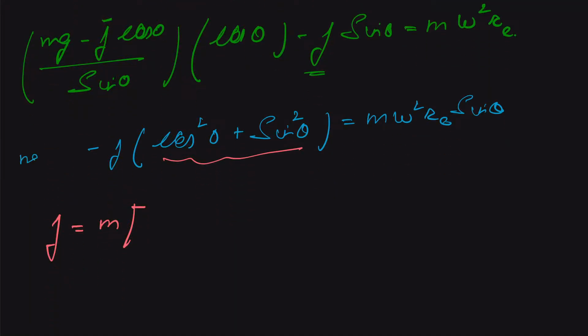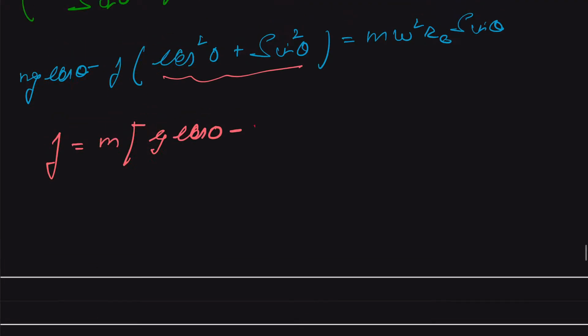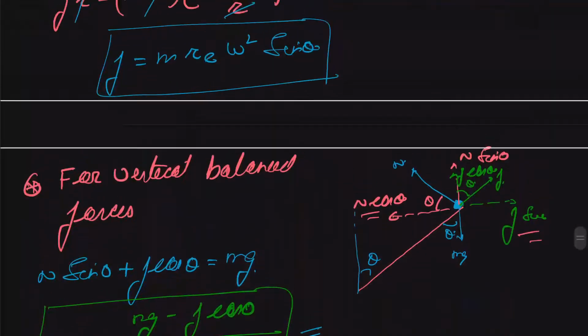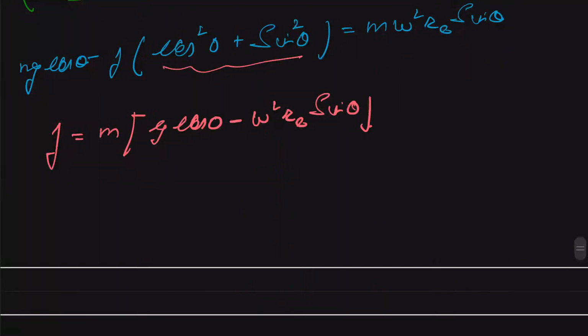So we have this as mg cos of theta. So we get this as g cos of theta minus omega square Re sine of theta. Now we are having two equations of our friction. Okay, let us call this equation number 1, and this is our equation number 2.